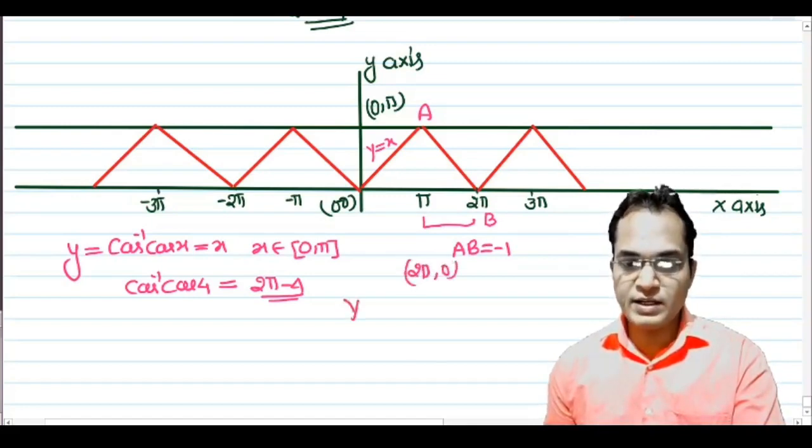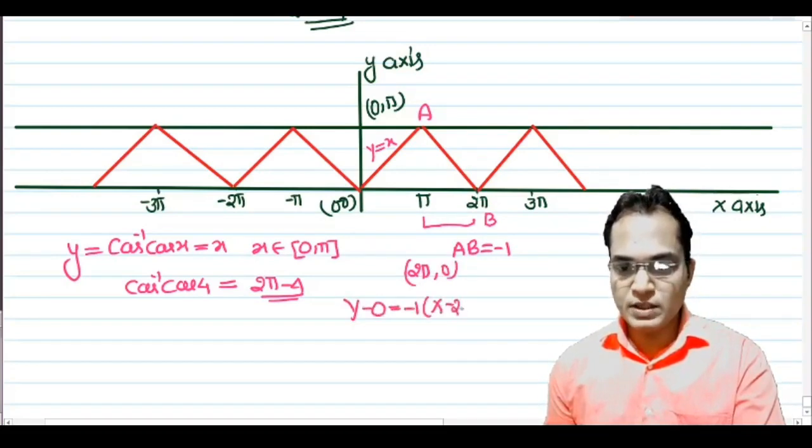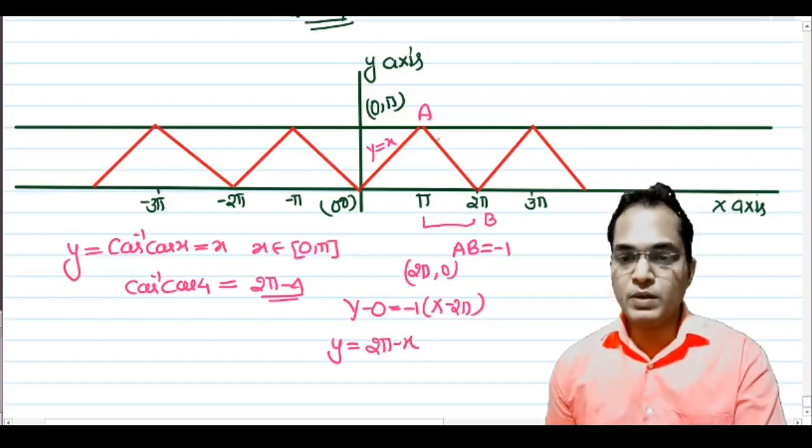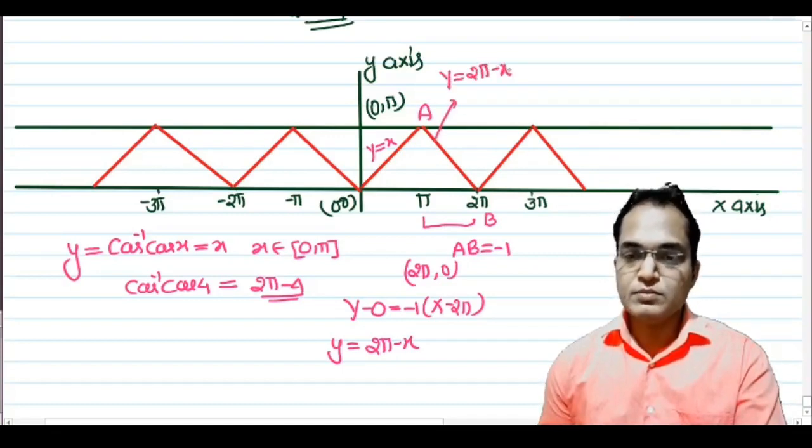Then the equation of the line, y minus y1 equals m times x minus x1, gives y equals 2 pi minus x. I am writing the equation here: y equals 2 pi minus x.